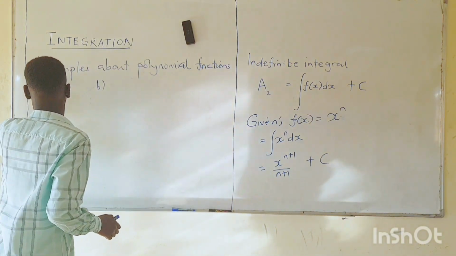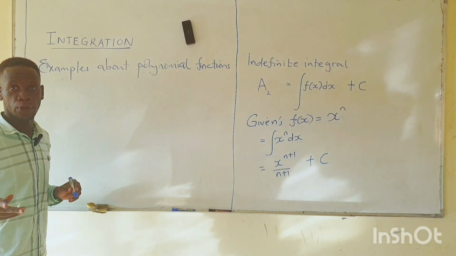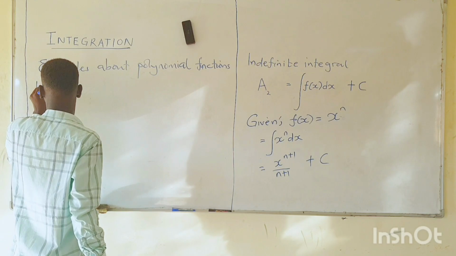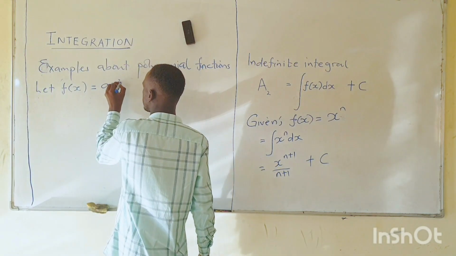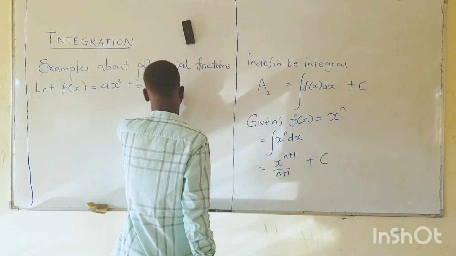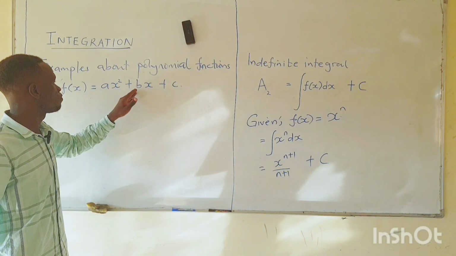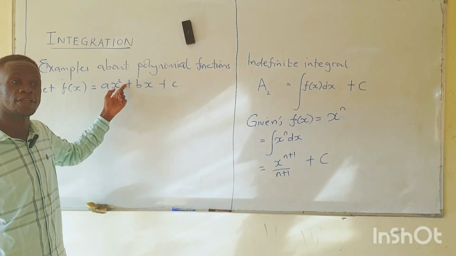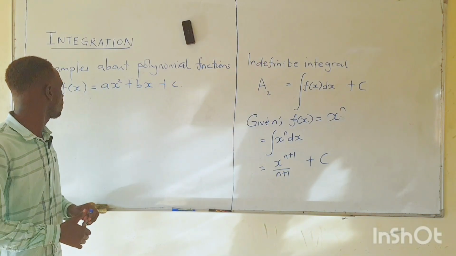Firstly, polynomial functions are in the form ax squared plus bx plus c, but this can be any other power. It can be x power 5, x power 6, where a, b, c are just constants.